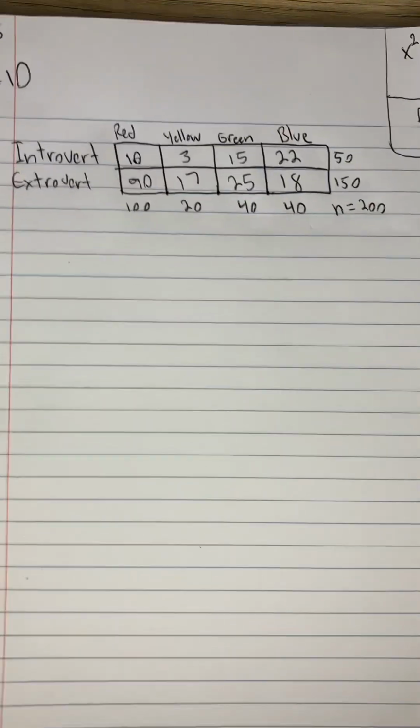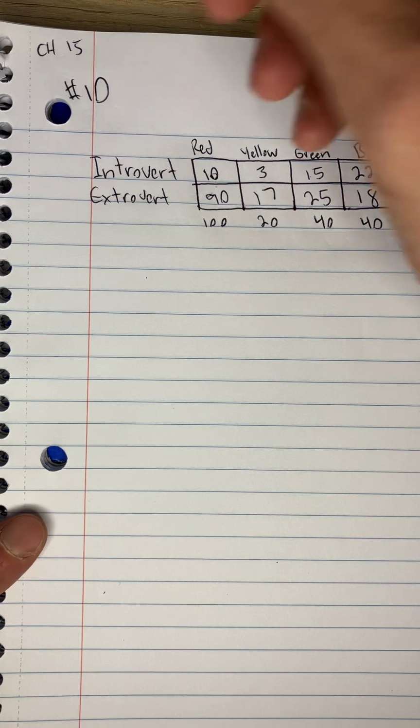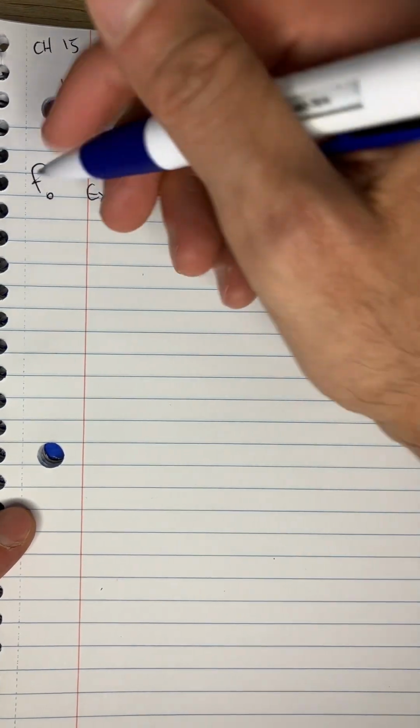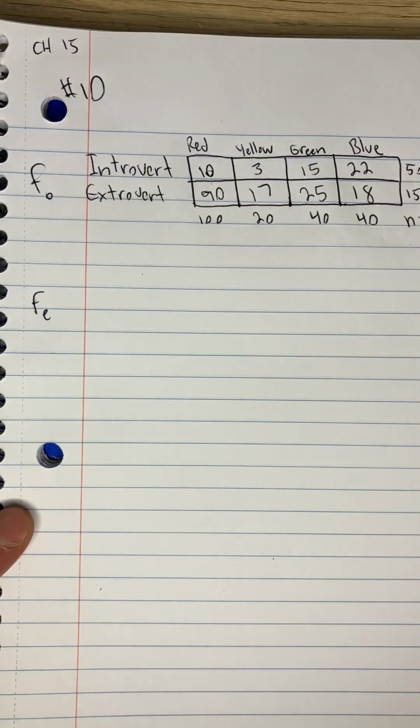Okay, so the data that we have is what we observed, right? So that's the F observed. We do need the F expected, the expected frequencies.